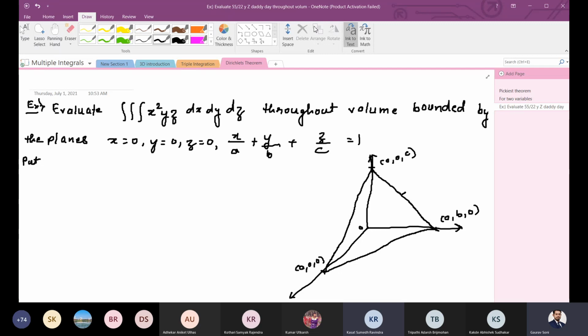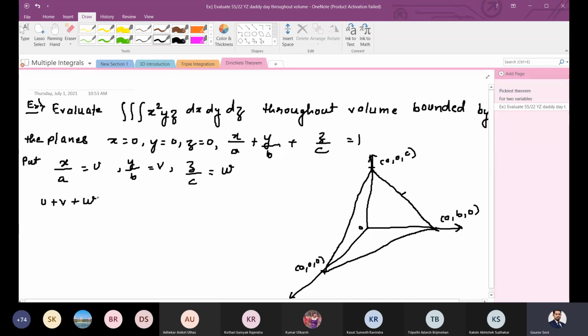No. So the proper substitution is: I'll put x by a equal to u, y by b equal to v, and z by c equal to w. Now we can see that in this case u plus v plus w becomes less than or equal to 1 in the volume V, as well as all of them are greater than 0.